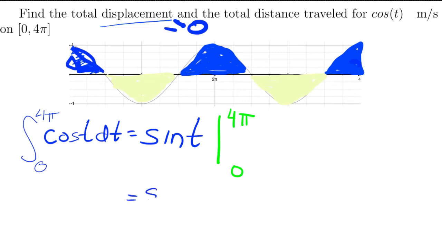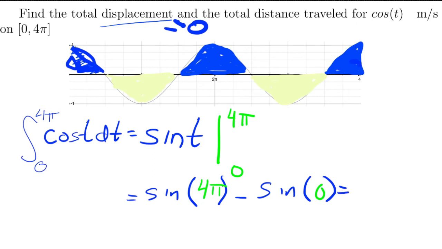So this is equal to sine of 4 pi minus sine of the bottom, which is 0. Sine of 4 pi is equal to 0, and sine of 0 is 0. So this is equal to 0, which is exactly what we expected, right?